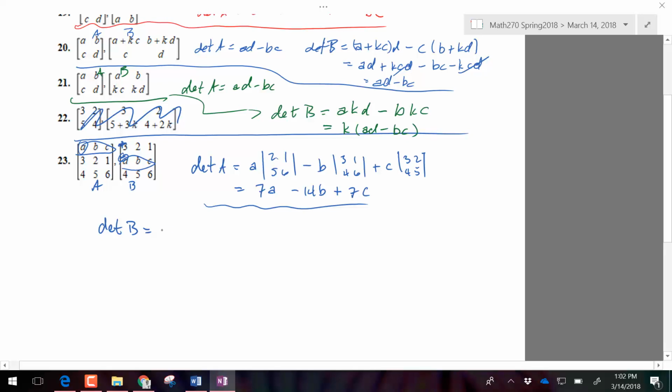So this starts off with a minus. If we cross out the first column and the second row, I have 2, 1, 5, 6, and then I'll switch the signs for B, and I have 3, 1, 4, 6, and then for C, I have 3, 2, 4, 5.